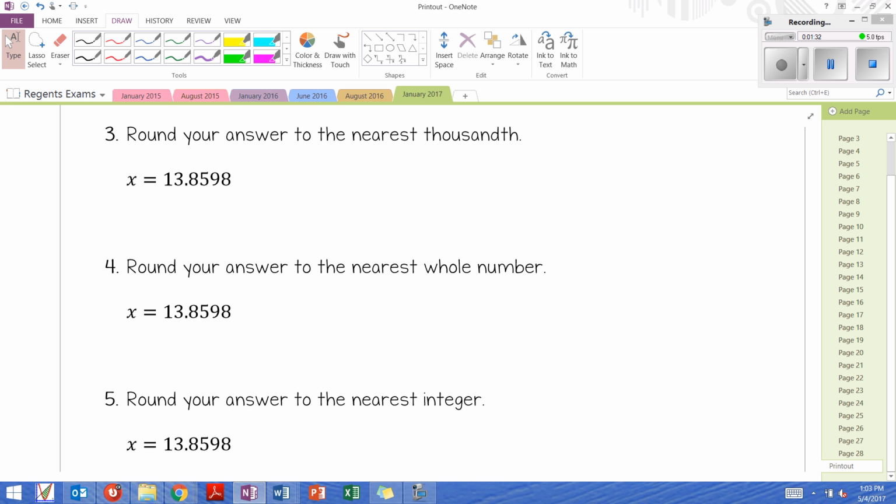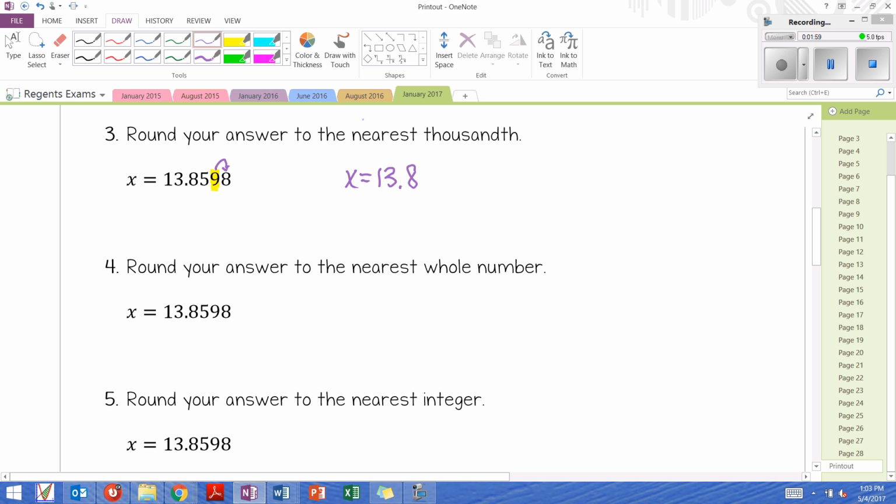Number 3, round your answer to the nearest thousandth. So tenths, hundredths, thousandths. 9s can sometimes get tricky, especially if you have to round up, which we do because it's an 8. So 13.8. Now here's the catch. The 9 has to be bumped up to a 10. But we can't write a 10 in its place value.